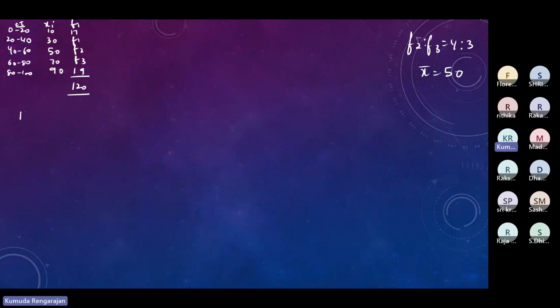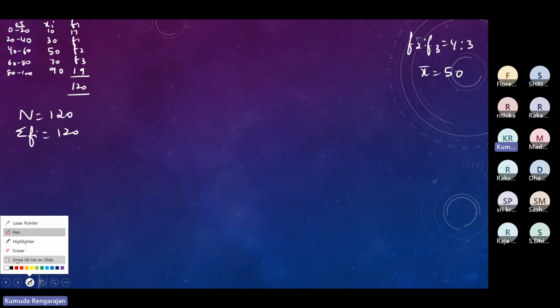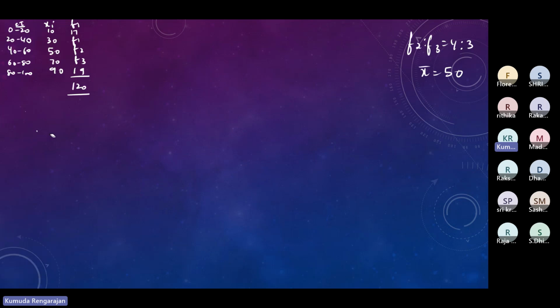So I hope we all know N is equal to 120. N meaning sigma Fi. Sigma Fi is equal to 120. So, before that, we need to assume the given.